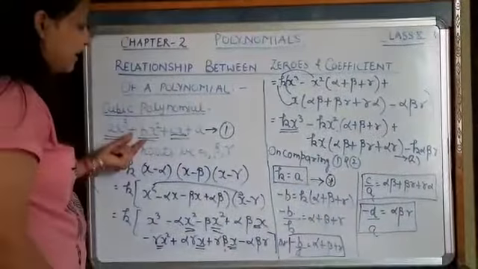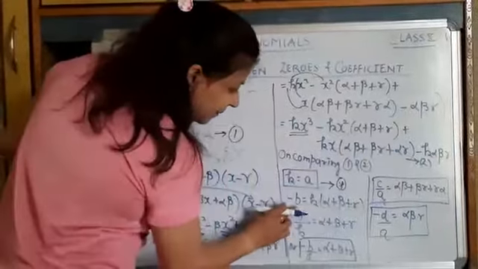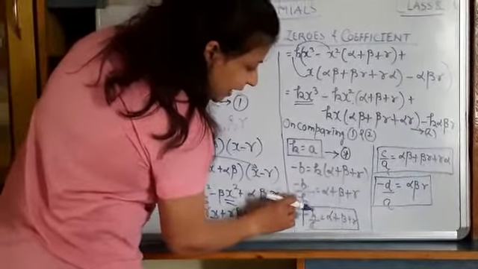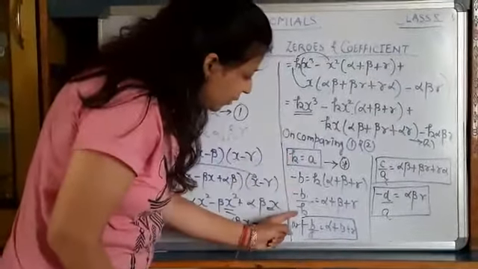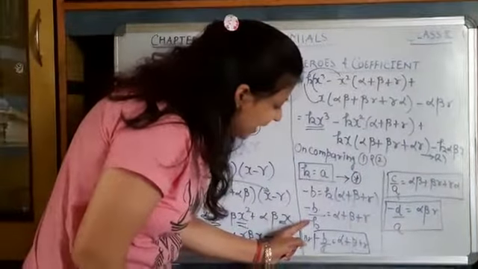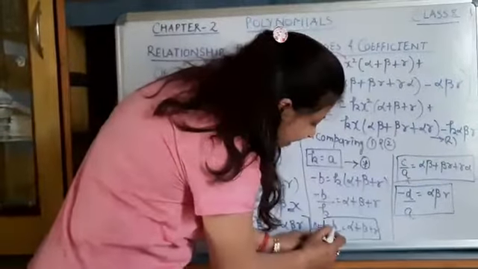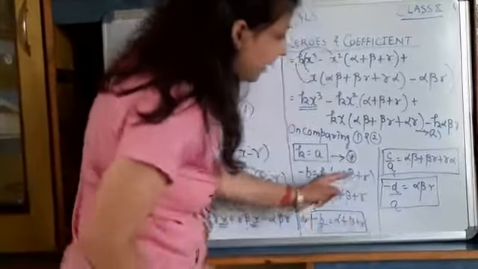It means b will be equal to minus k times alpha plus beta plus gamma, which can be written as minus b upon k. And k is equal to a from this star equation, so k can be replaced by a. So I got my relation: minus b upon a is equal to alpha plus beta plus gamma.